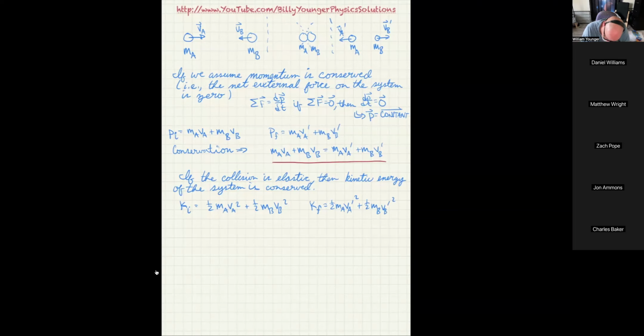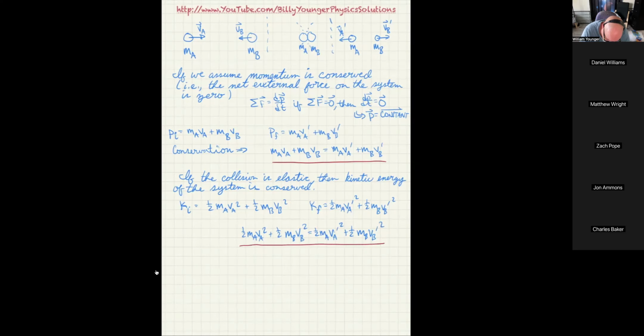And then conservation would dictate that we get 1/2 MA VA squared plus 1/2 MB VB squared is equal to 1/2 MA VA prime squared plus 1/2 MB VB prime squared. And that's our other equation.